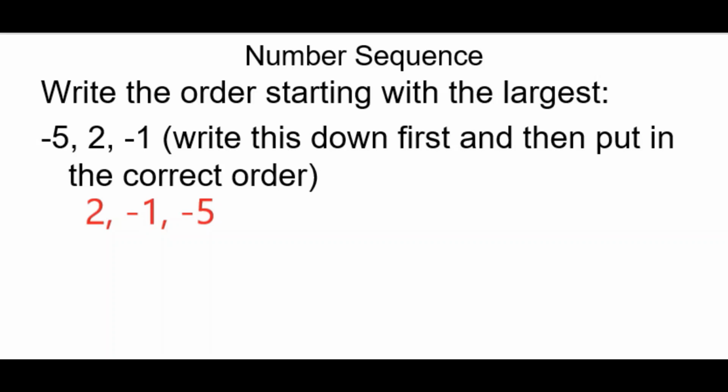So as you can see, and this will be similar to the bonus activity, the directions may ask you to just finish the sequence without telling you whether you're counting by ones or fours or threes, or it may just give you a set of numbers like this and tell you to put it in the correct order. It could be the largest, it could be the smallest, it could be the biggest or the least.